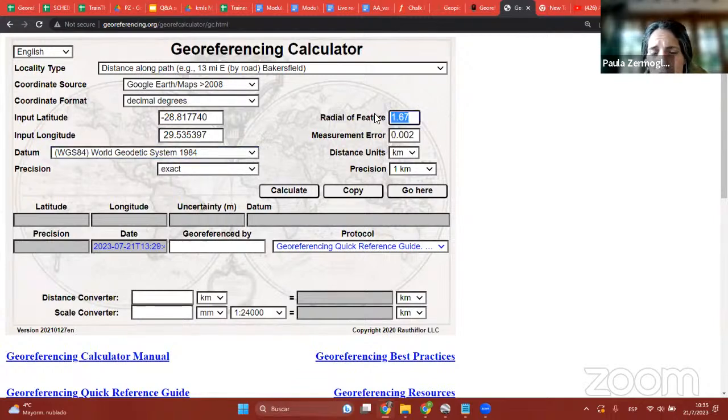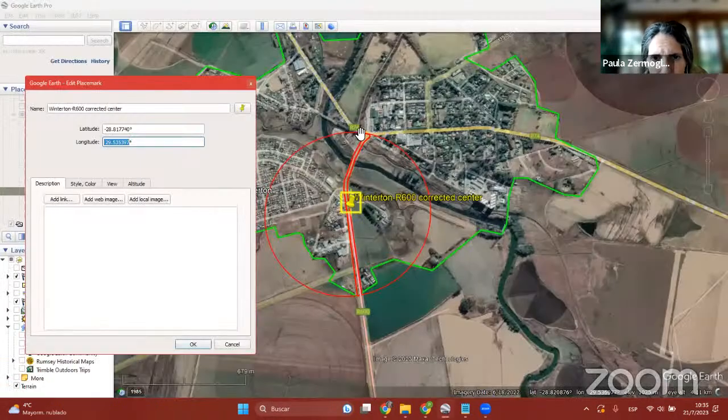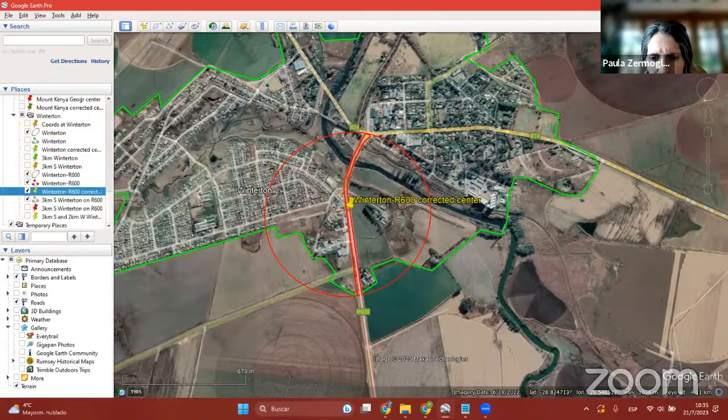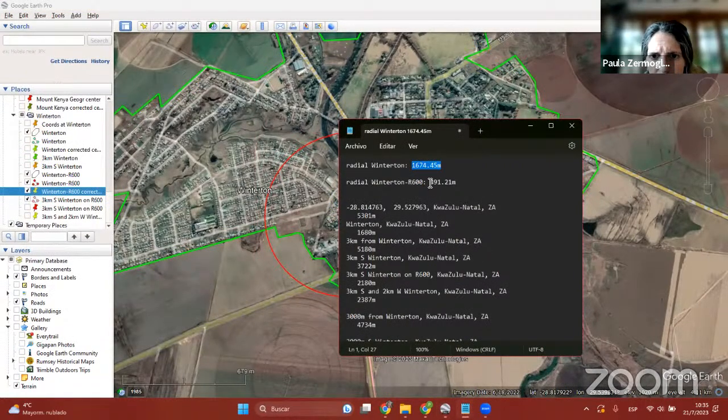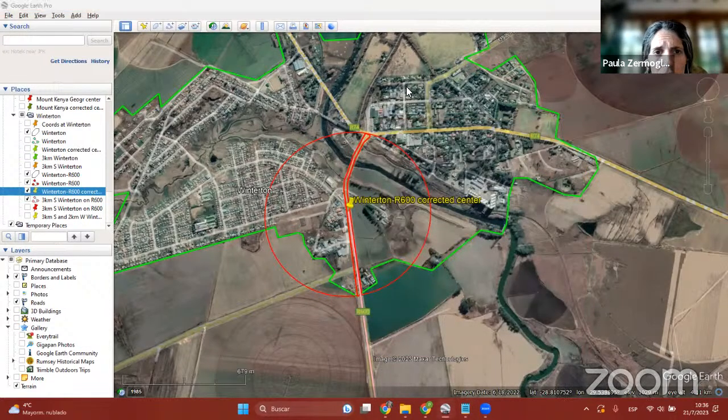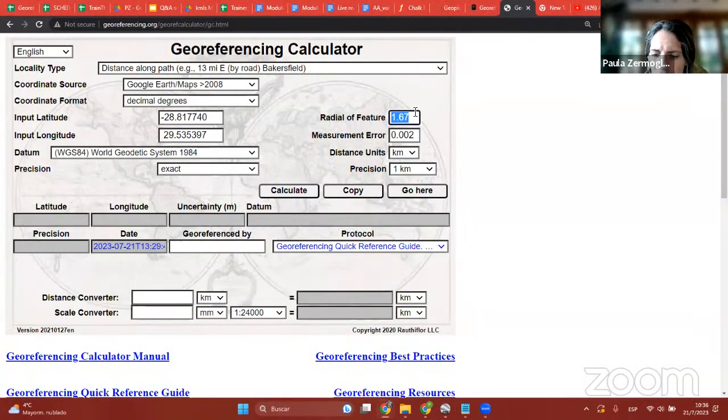And the radial of the feature has to be the radial of this feature here, the red one, of that overlap, which I have around here, which is 491 meters. I have to put that in kilometers. So it's going to be 0.4 kilometers.